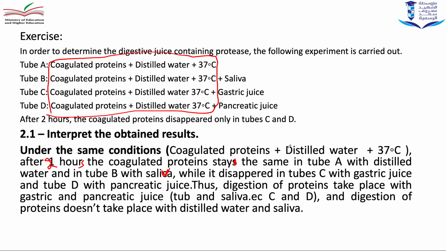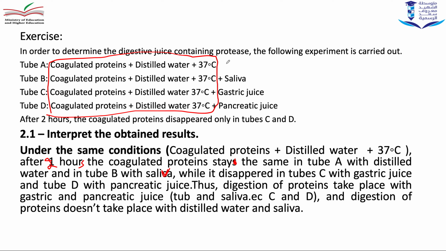Never mind. So after 2 hours, the coagulated proteins stay the same in tube A with distilled water and in tube B with saliva. So focus on the variable factor. Don't forget to write the variable factor with each tube.